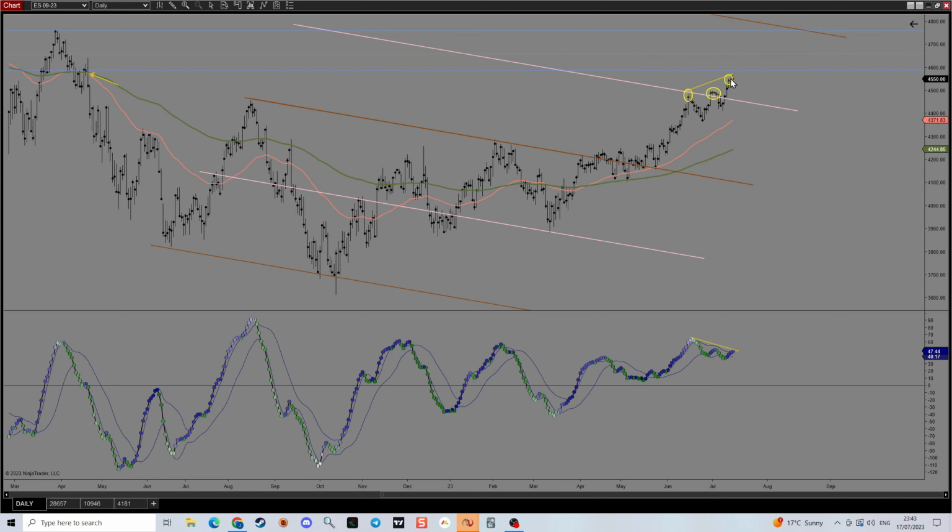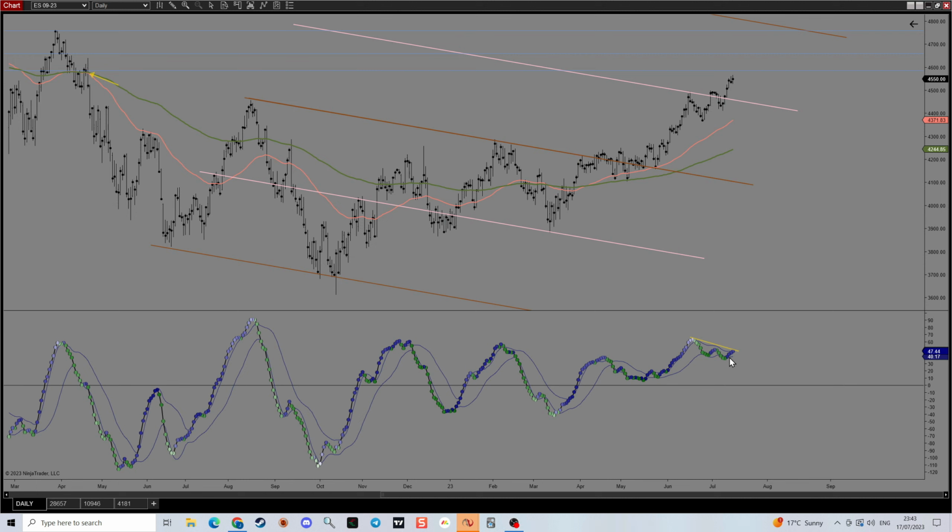We're making higher highs on those pivots, and on the MACDs we're making lower lows. That's textbook divergence, which would probably back up the scenario that, given we're heading to a resistance area, we might find ourselves retracing somewhat to get back in alignment with the MACDs.